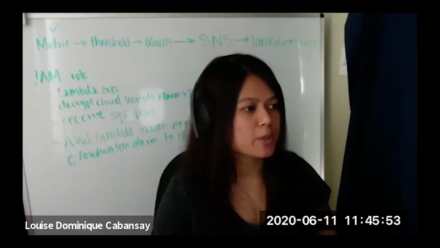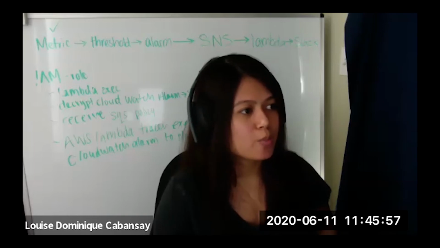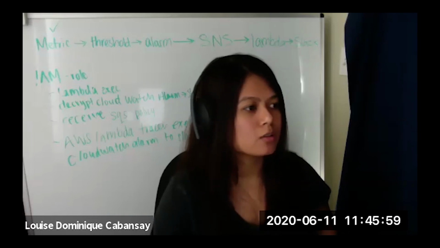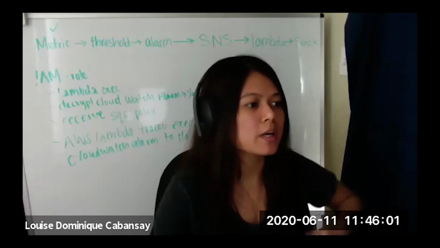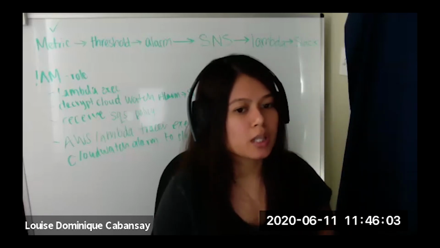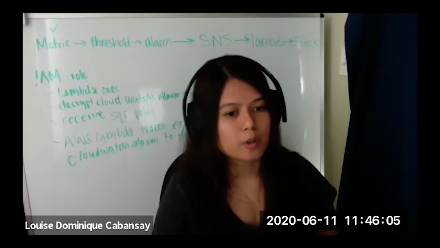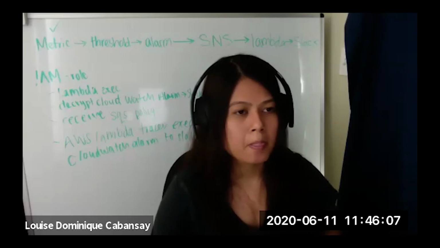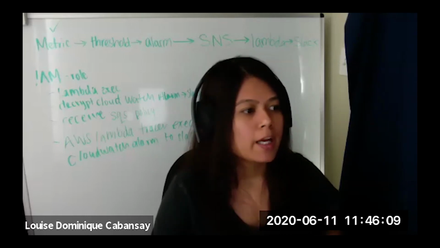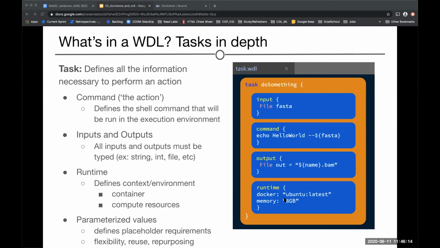For example, if you want to switch out your data, or if you want to mix and match and import tasks into different WDL scripts. So this allows for modularity, reuse, and repurposing. I also want to point out that here I've put in concrete string values for, say, the Docker image or memory. These values can be parameterized as well.